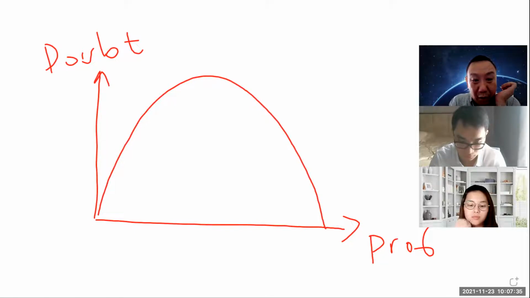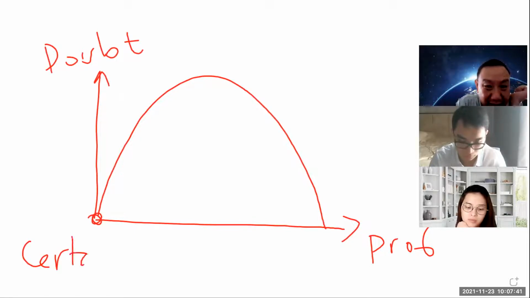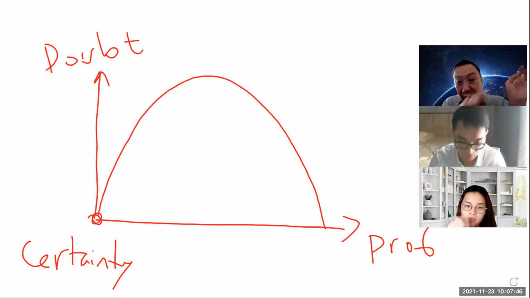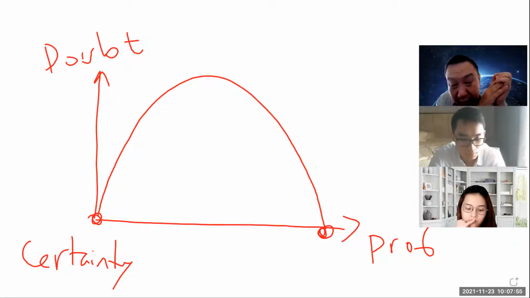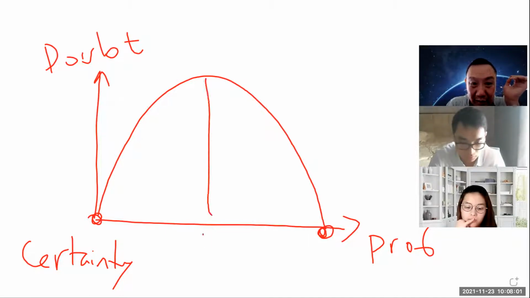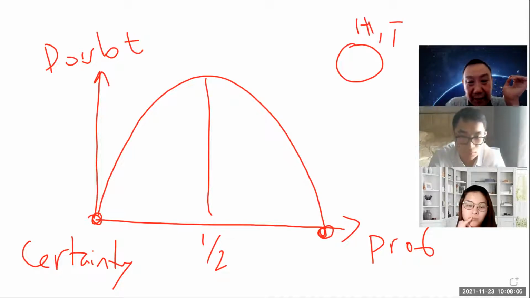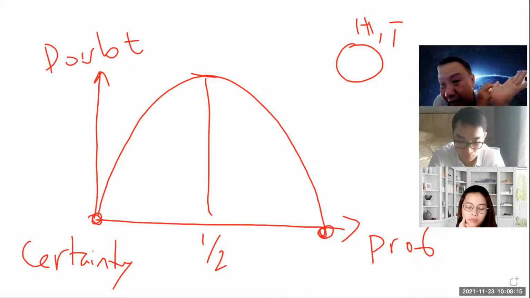So the probability of 0 is certainty. Certainty will not happen. The probability of 1 is also another certainty, will not happen. So then the probability of half, if you have only 2 coins, head and tail, that is the maximum doubt. Why? Because you are not sure when you toss a coin, it will be head or tail, right?